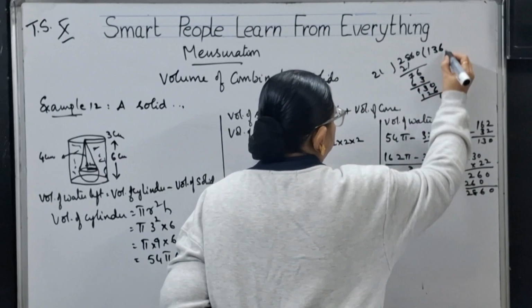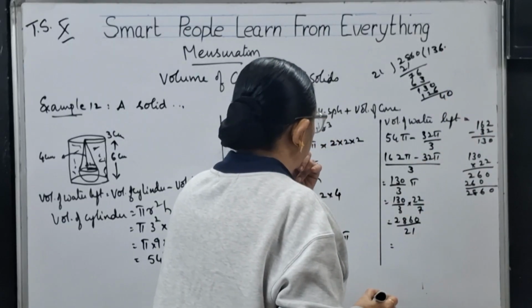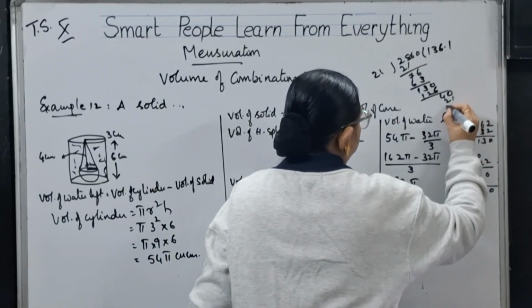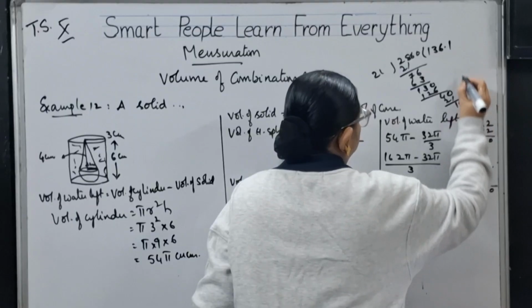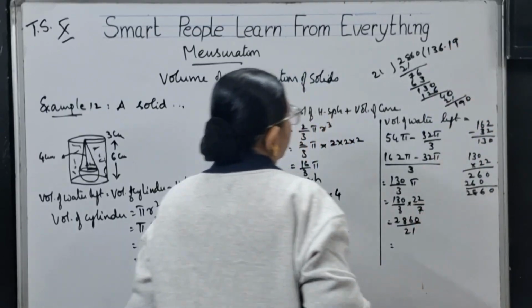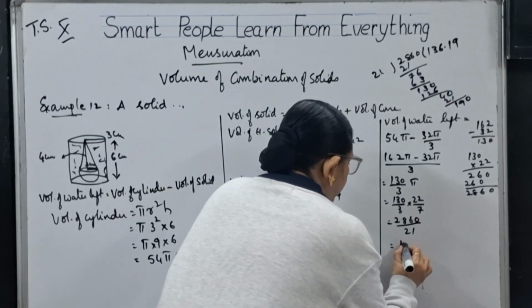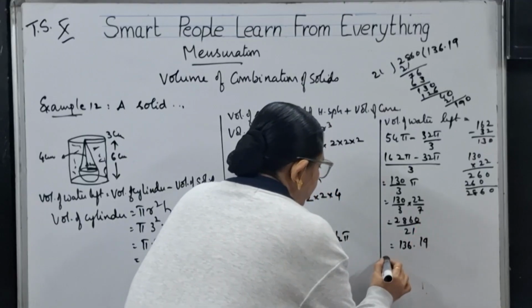So I'm getting 4 here, keep a point, here 1. So I have to take 21. I'm getting 9 here and 9, and one more 0 if I take 9s are. So 136.19.